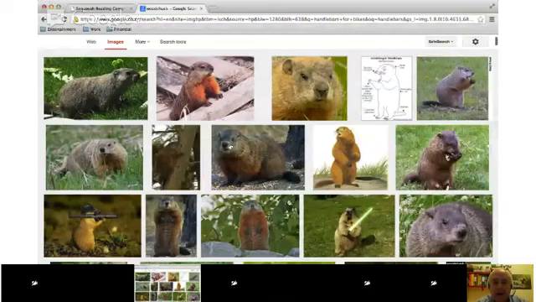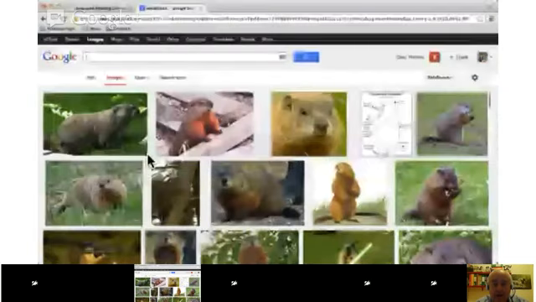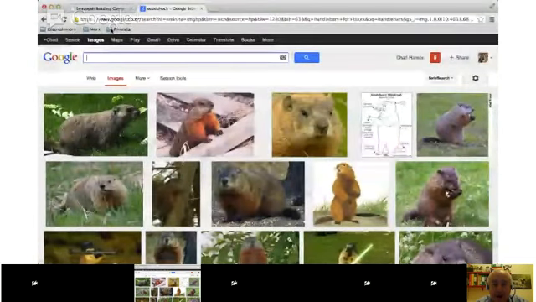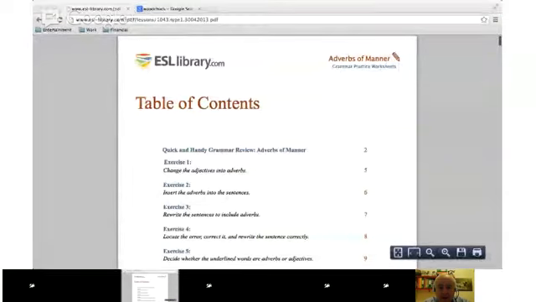Now the tongue twister: how much wood could a woodchuck chuck if a woodchuck could chuck wood? They're using the word chuck to mean eat, but we don't actually use that word to mean eat.